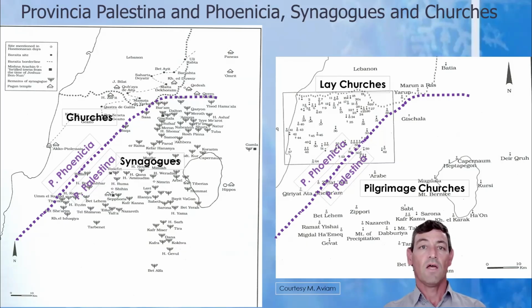scholars. What we are talking about today is mainly the Byzantine period, beginning in the 4th, 5th century, into the early Islamic period, 8th, 9th century, when the churches ceased to exist.